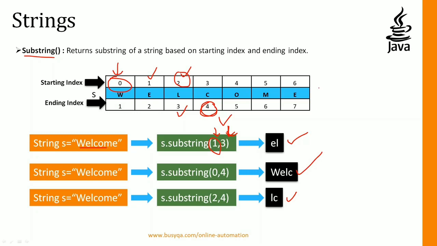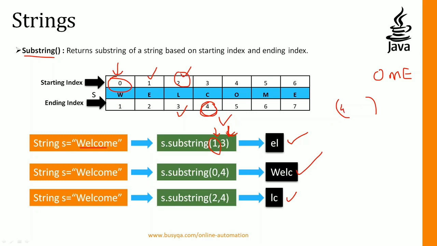Now you guys should tell. I want to capture O, M, E, the last three letters. So how can we write the starting index and ending index for substring? Can anyone guess? I want to retrieve the O, M, E three characters. What is the starting index? What is the ending index? Justin is saying 4 comma 7, Preeti is saying 4 comma 7.